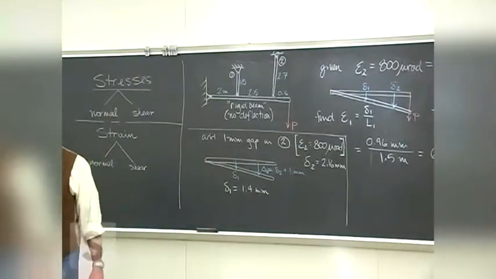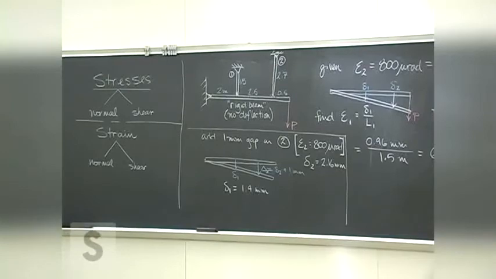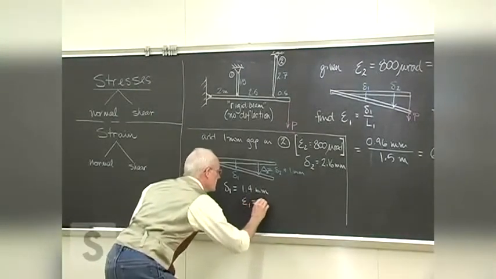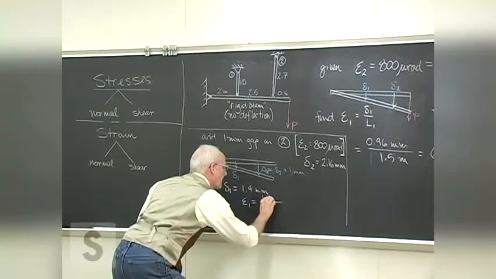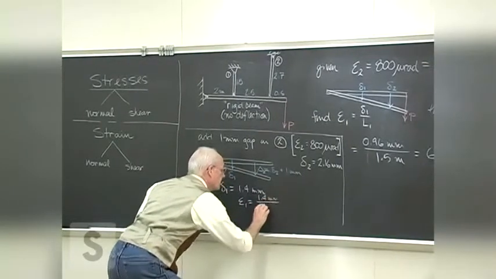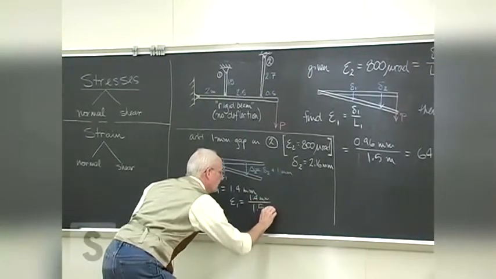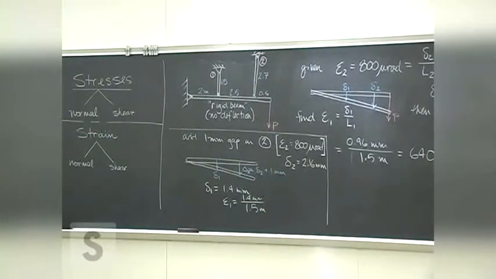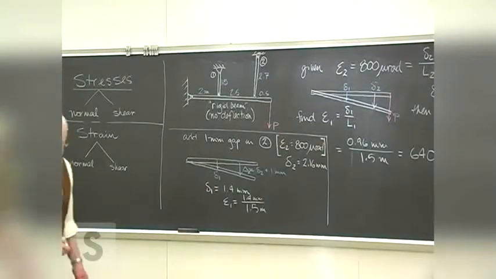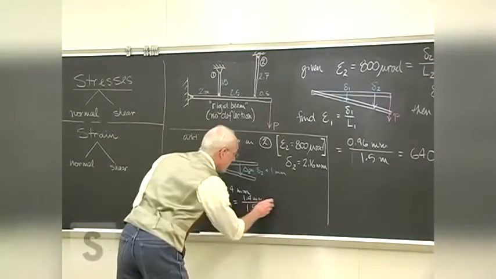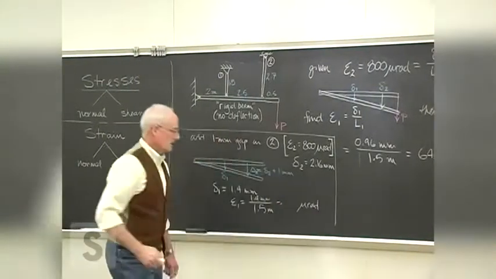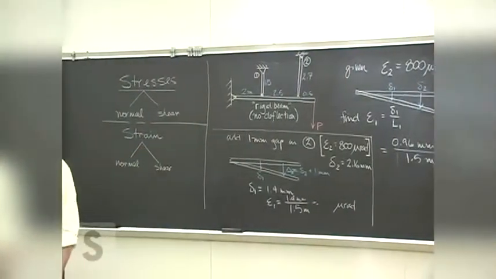I believe it's 1.4 millimeters, sound about right? And then now the strain in this piece is that 1.4 millimeters over, I can't remember, the original length of the piece unstrained. And how many microrads is that?